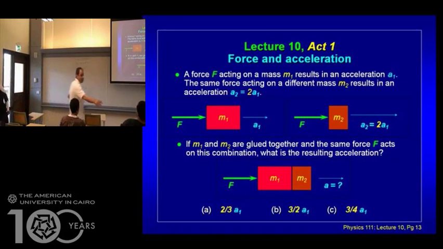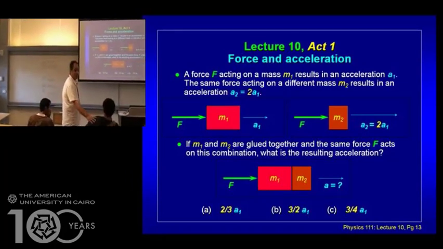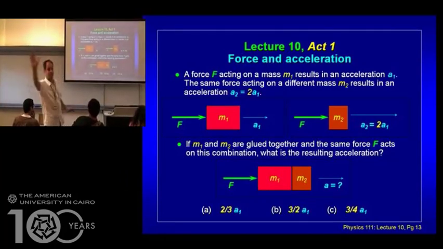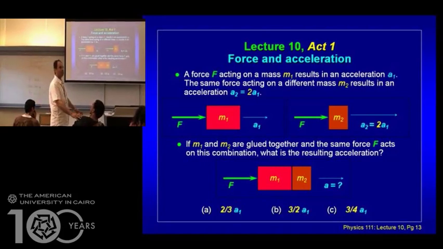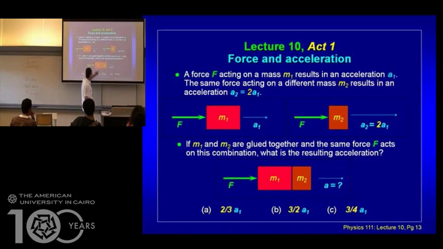Then I push another object with the same force, and it moves with an acceleration equal to twice a1. Now I'm going to put the two objects together, and push them with the same exact force. Can we guess the acceleration?